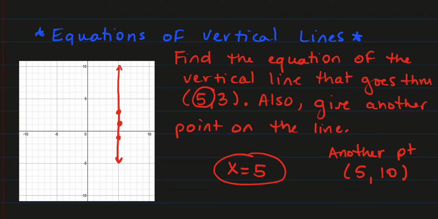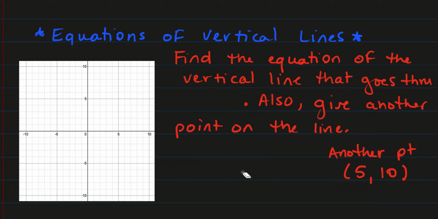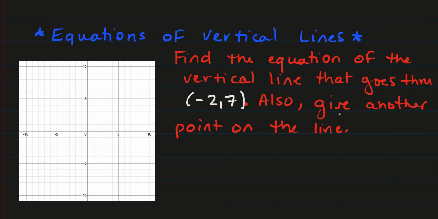Let's try another one. I'm going to erase this. Let's find the equation of the vertical line that goes through the point, I'm going to change the point to, let's say, (-2, 7). And let's give another point on the line.